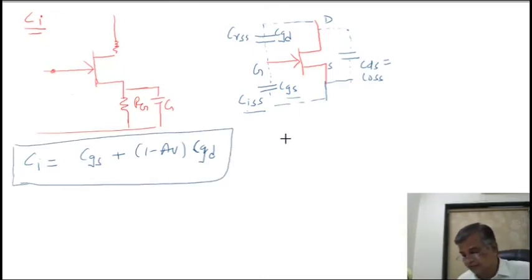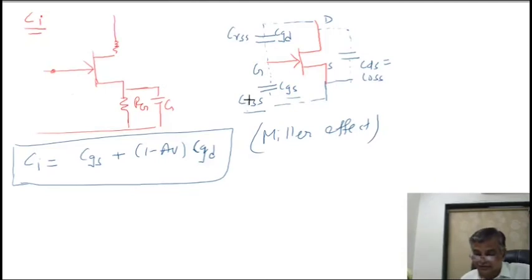Due to the Miller effect, the input capacitance is not just CGS, but CGS plus (1 minus AV) into CGD. If this value is very large, then this capacitance will offer a very low reactance to the high frequency.